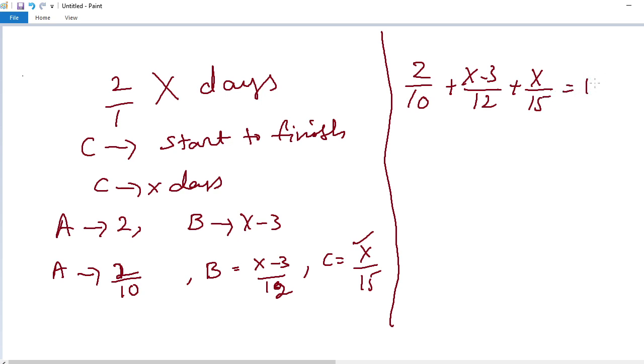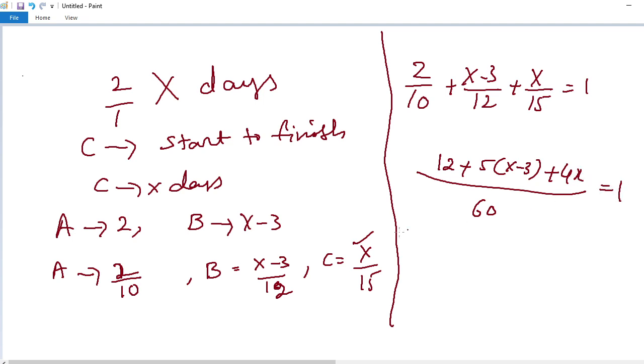Here work done is equal to 1 unit. X is the total number of days. Only C works from start to finish. So LCM is 60, 6 into 2, and 5 into X minus 3, plus 4X is equal to 60.